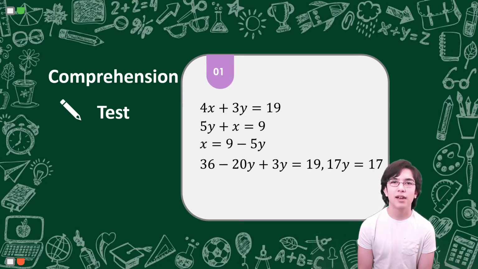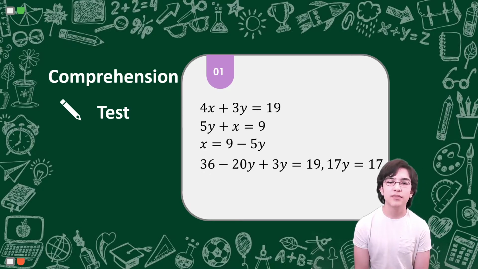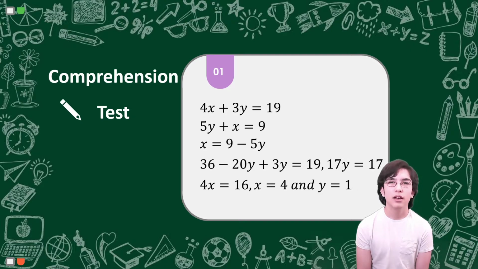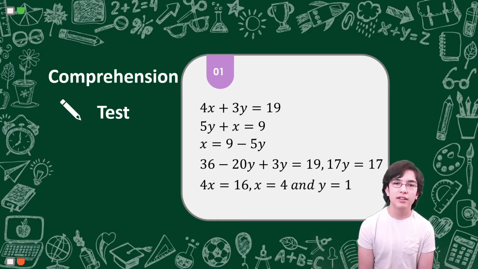And if we simplify that, we get 17y equals 17. So y equals 1. So then 4x plus 3 times 1, 4x plus 3 equals 19, so 4x equals 16, and then we have the answers. x equals 4 and y equals 1.